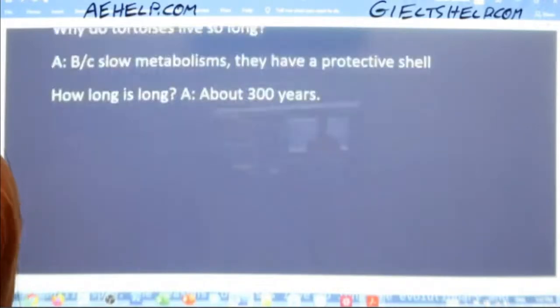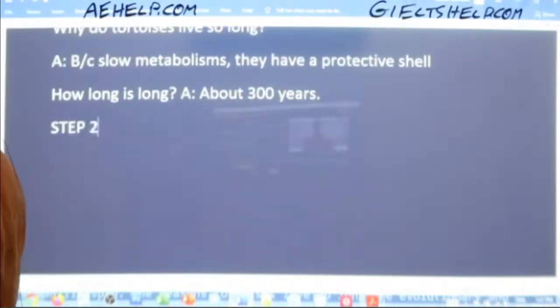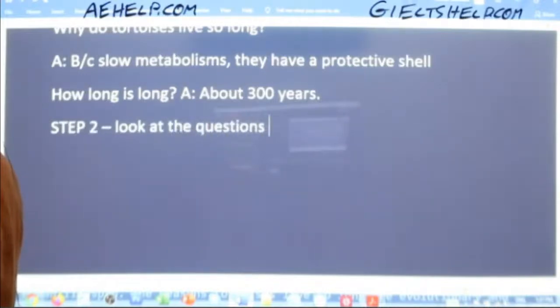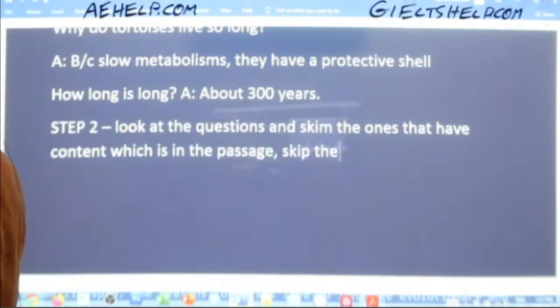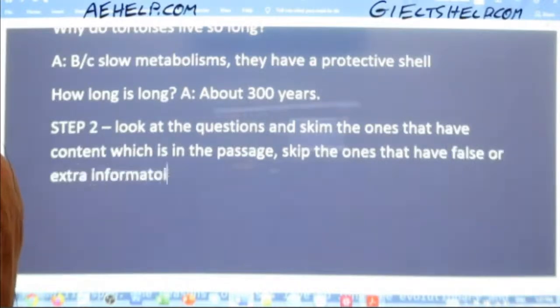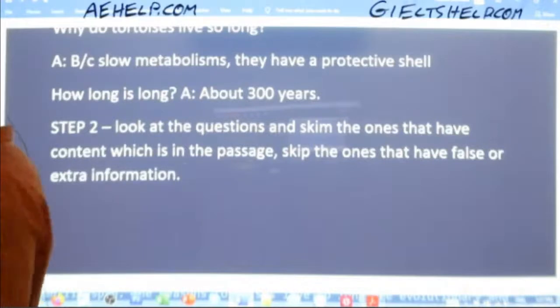So step 2, look at the questions and skim the ones that have content which is in the passage. Skip the ones that have false or extra information. Yeah, that's what we do. Very good, Janil. So let's do that.